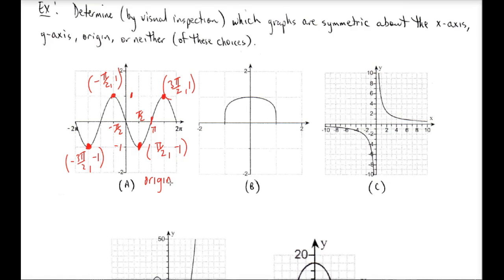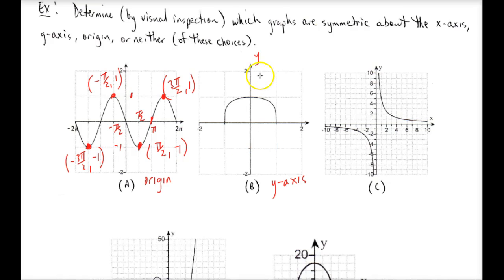If we look at graph B, we see clearly here, just by common sense, that this particular graph will be symmetric about the y-axis here, because it kind of folds across. So we're going to say this is symmetric about the y-axis. Of course, since we have nothing down here, it wouldn't be symmetric about the x-axis, so that would be out.